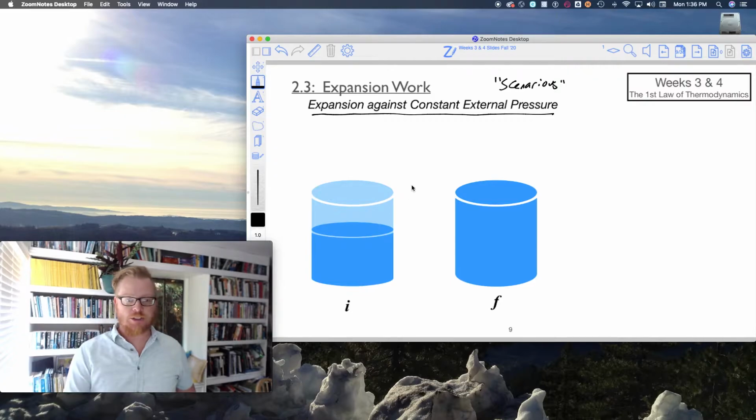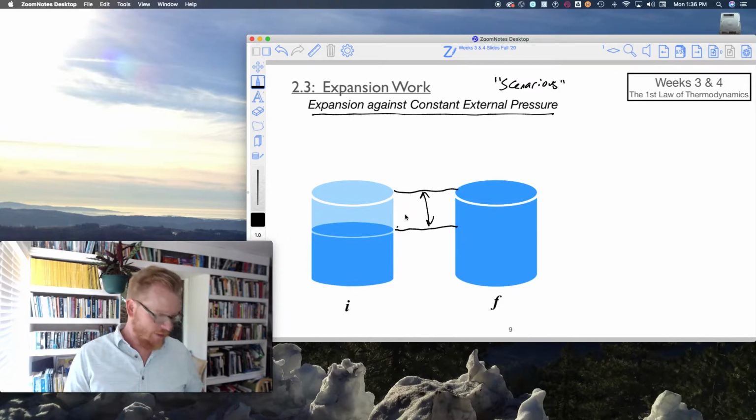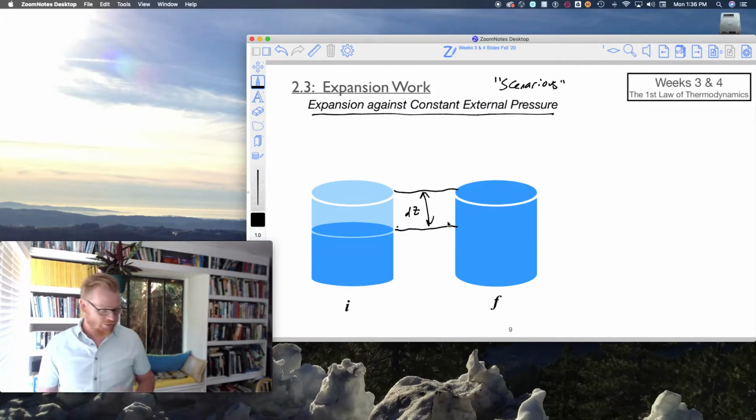So in this first scenario, we have expansion work, and it's expanding against a constant external pressure, okay? So we have, like, two cylinders. Let's say the initial state looks like this and the final state looks like this. So you can see in this scenario, the cylinder is expanding, and I'll say it's expanding by height dz, okay, from the initial to the final state.